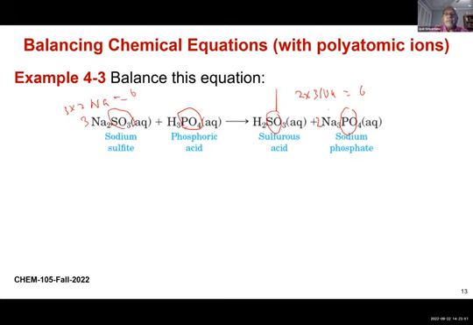When you put 3 here, sulfate becomes 3 sulfates. There are 3 sulfate groups, this group. Therefore, there's only 1 here, so you have to put a 3 in front of it. Now you check the phosphate.